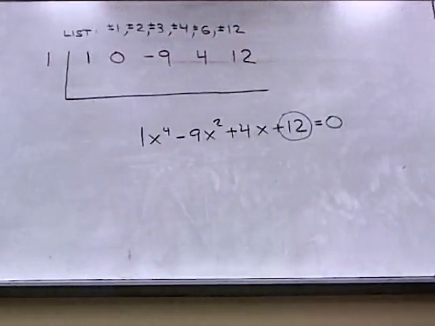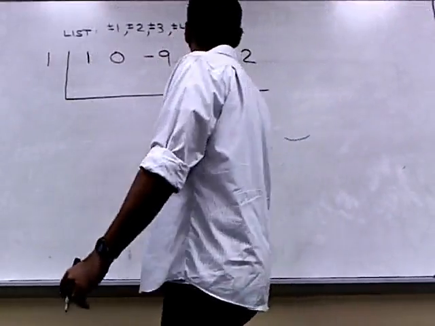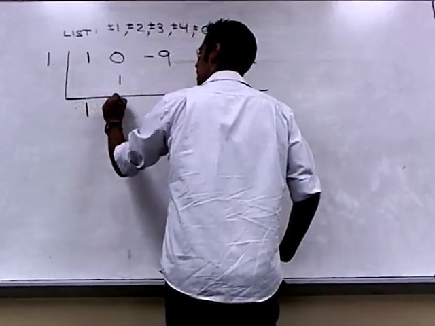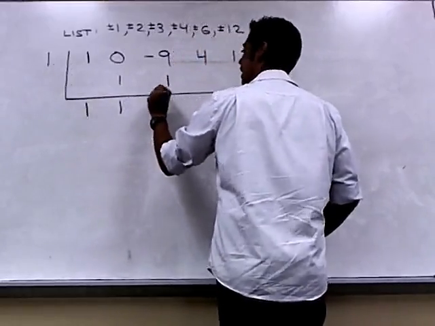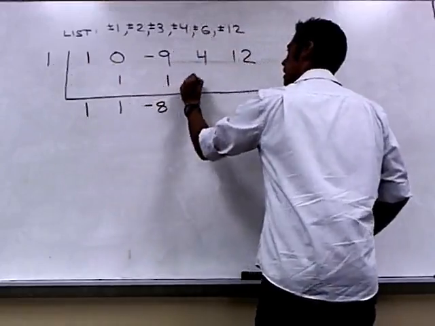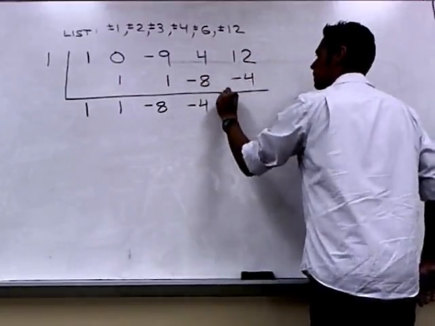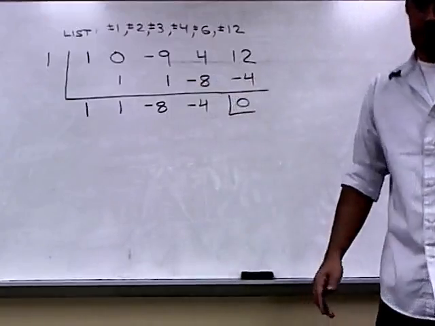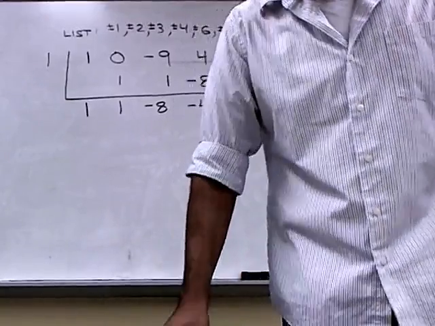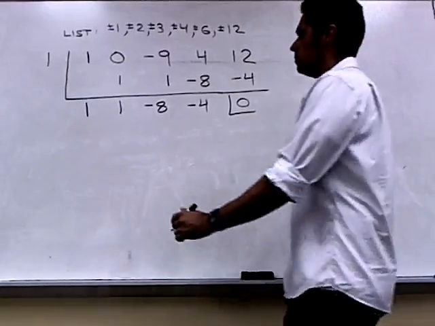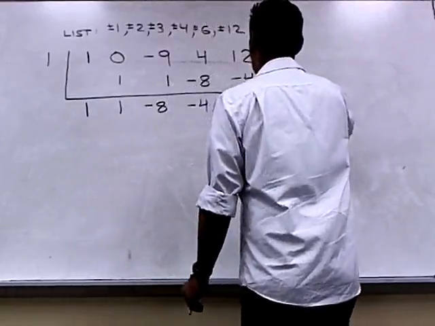Okay, start with 1. So I'm going to work through this now. 1 comes down, 1 times 1 is 1, add down 1, 1 times 1, 1, add down -8, -8, -4. It did not work for me. Does -1 work? Let's see. I don't know why I put 0, sorry.